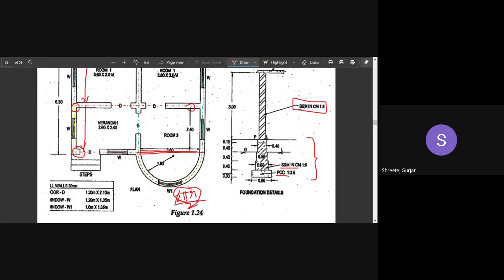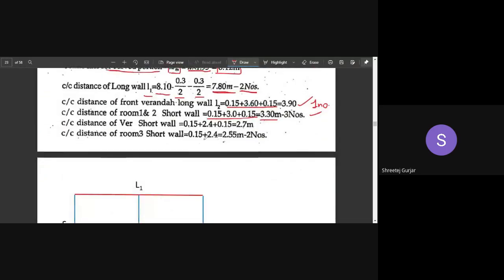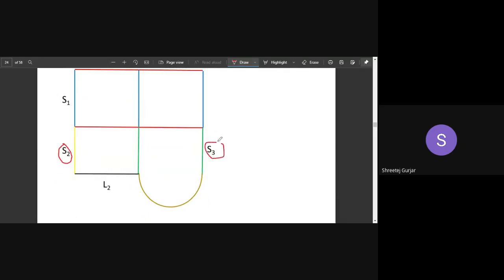So it will be 0.15 plus 2.4, that is 2.55, and it is 2 in number. S3 you can observe it is 1 and 2. So that is what we have done over here.